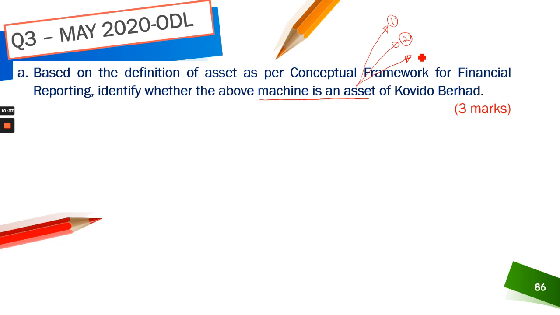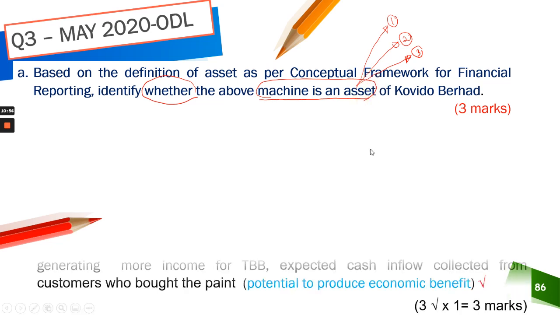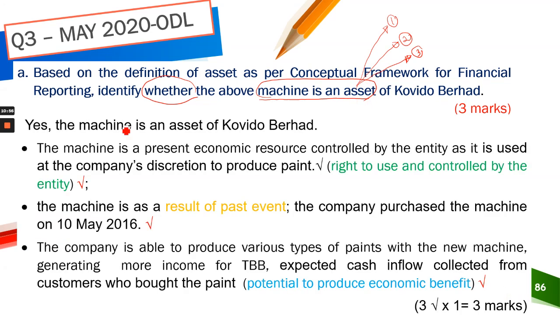And the third one is that there is a right to use, and the right to use will produce potential economic benefit. So there are three things that you need to observe before you decide whether the machine is an asset to the reporting entity. In our case, yes, the machine is an asset.